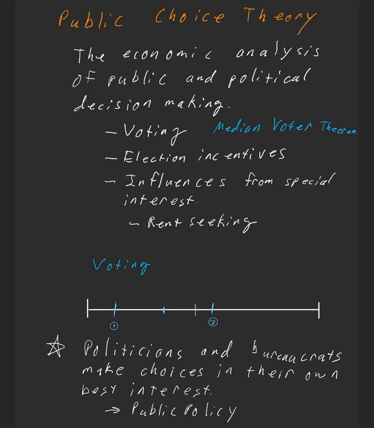The basic idea of the median voter theorem is people will choose whichever candidate, whichever policy, whichever option, whatever they're voting on, whatever party is closest to where they are. So we're saying this is the most extreme left and this is the most extreme right. That can be any number of policies.